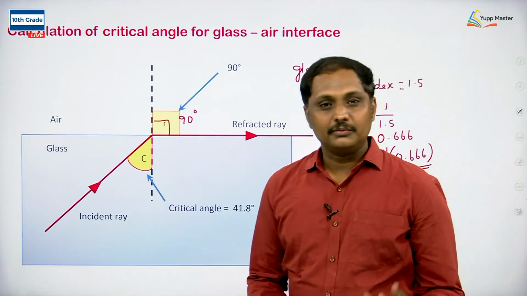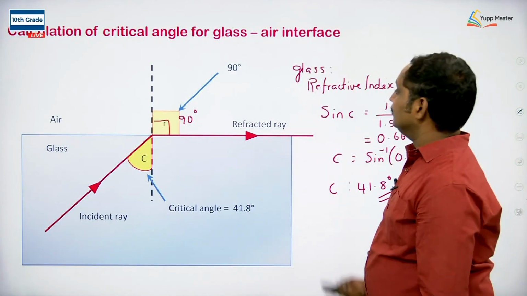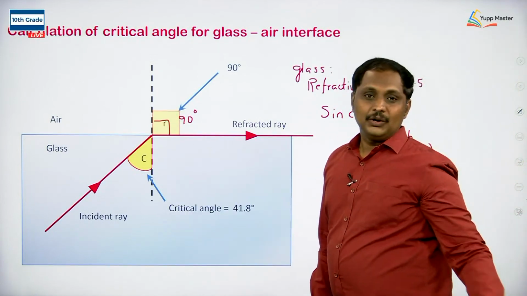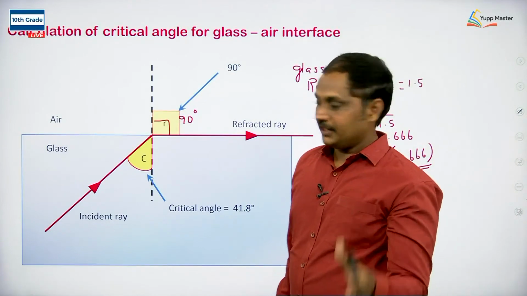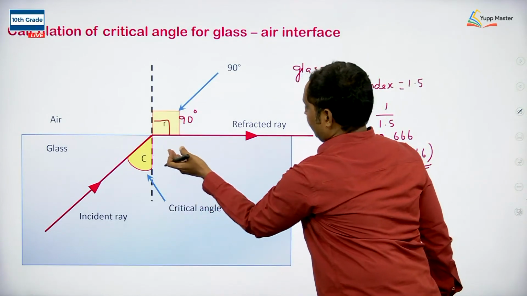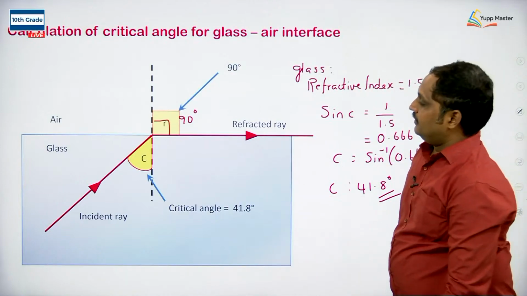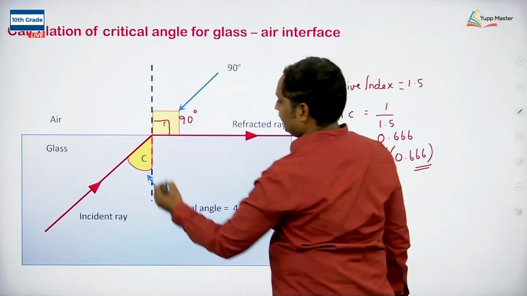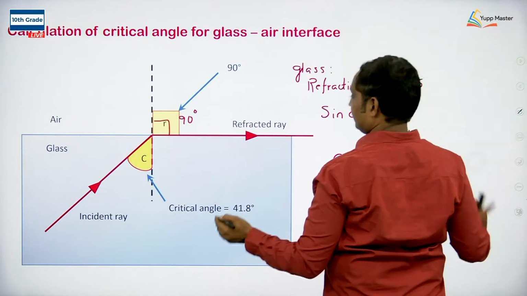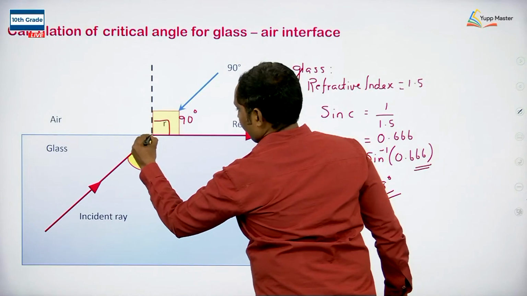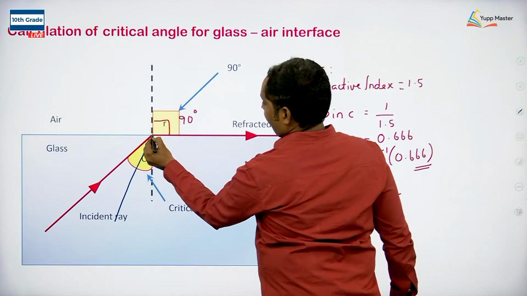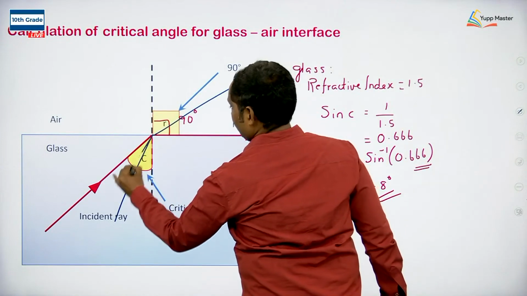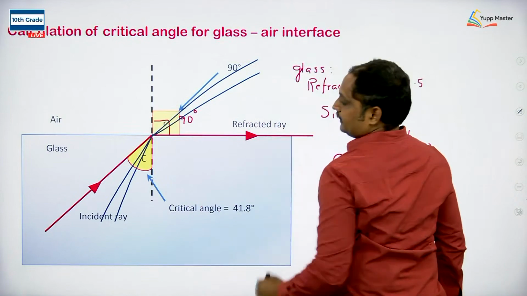Now in case of diamond also you can do that. Please look at the diagram to have a better understanding. Incident ray, refracted ray, simply you are increasing the angle. If I incident at this angle, it is going to be like that. If I incident it here, it is going to be like that.